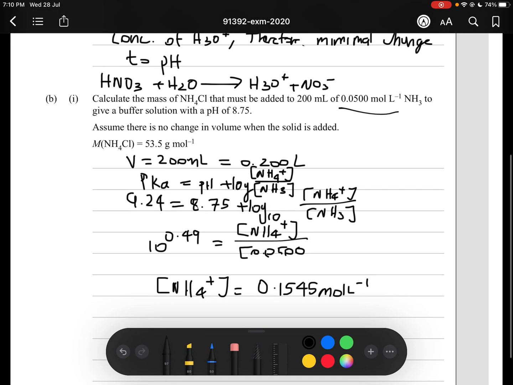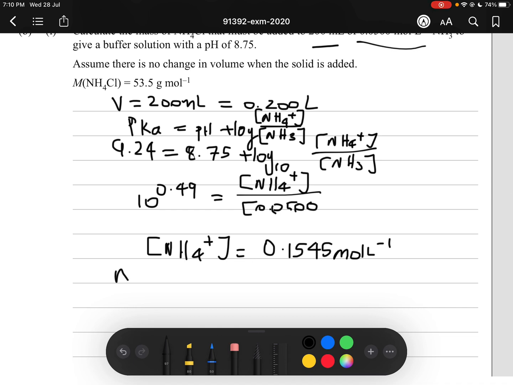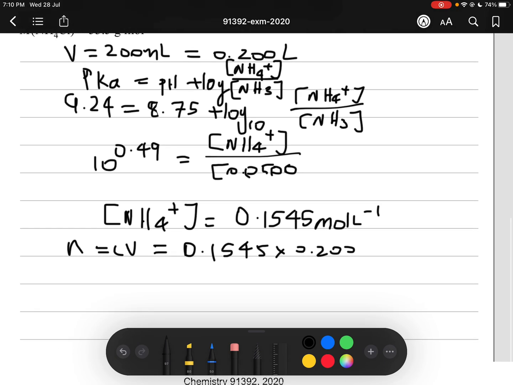And in order to find out the mass, we need the amount of NH4Cl that's required. Therefore, we need to look at the volume of NH3 originally, which is 200 milliliters. So we say that n is equal to CV, and that is equal to our required concentration, which is 0.1545, multiplied by the volume, which is 0.200. And that should give us an amount of 0.0309 moles.